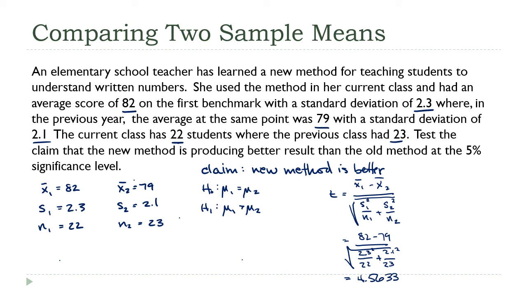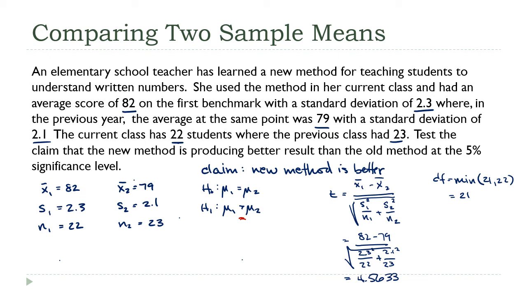Okay, so now where are we going to go next? What are our degrees of freedom? Well, it's the minimum of 21 and 22, so we're going to use 21 to calculate our p-value. Now we're doing a one-tailed test, and it's to the right.